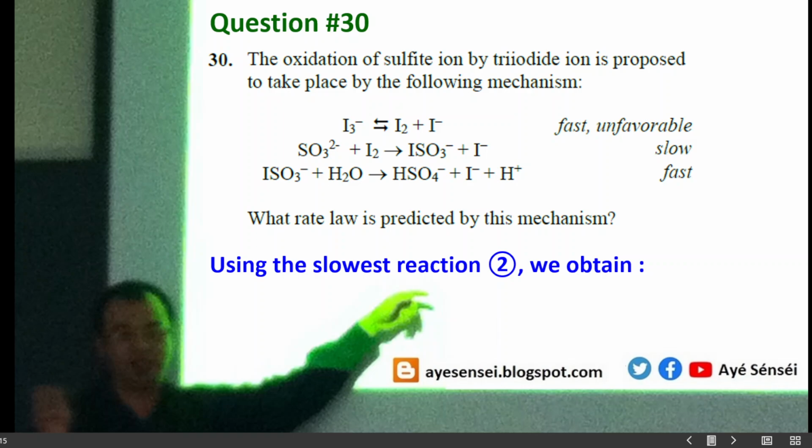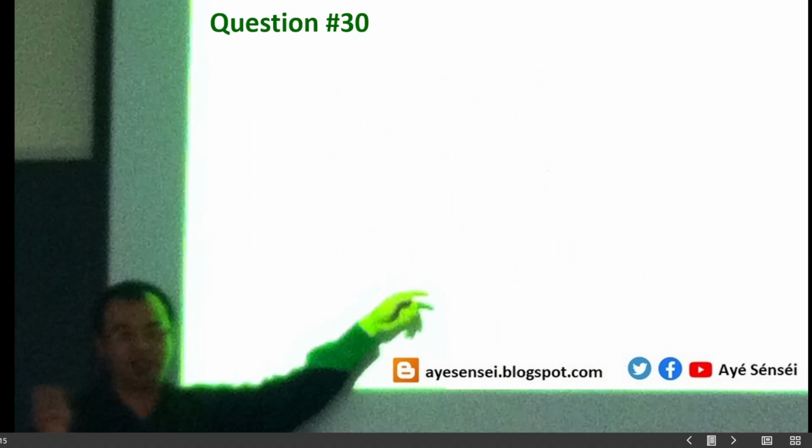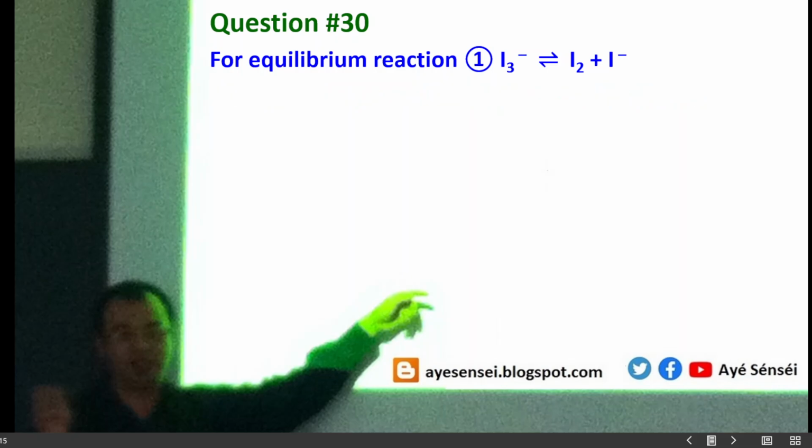So using the slow reaction, which is the second reaction, we can say that the rate of reaction is equal to K2 times the concentration of sulfate ion multiplied by the concentration of iodine. And then take a look at the equilibrium reaction, or the first reaction.